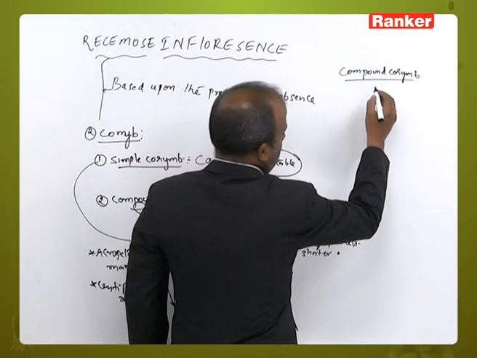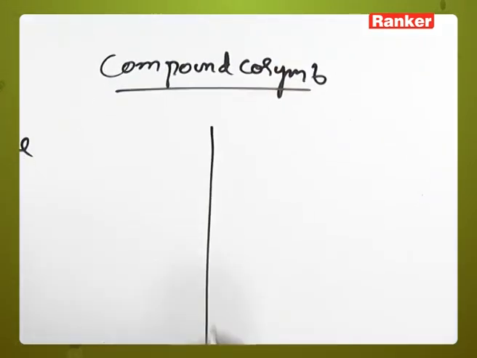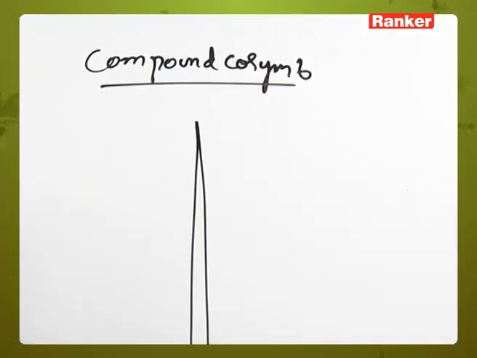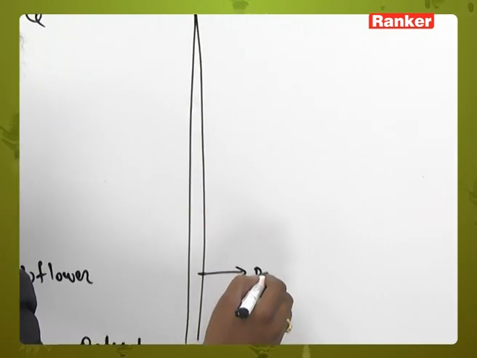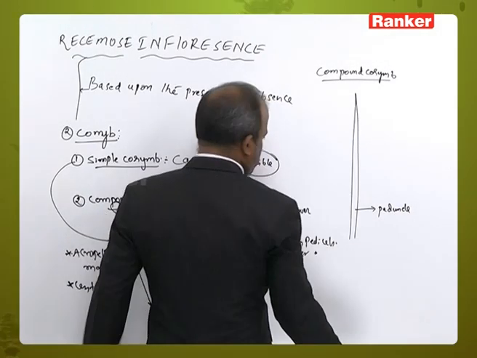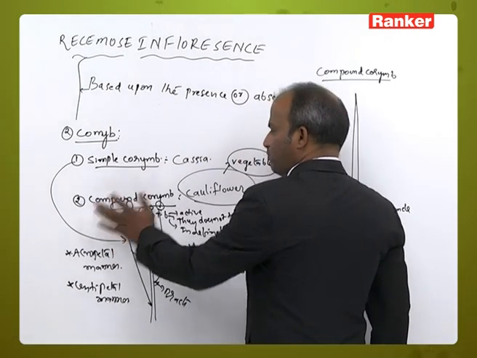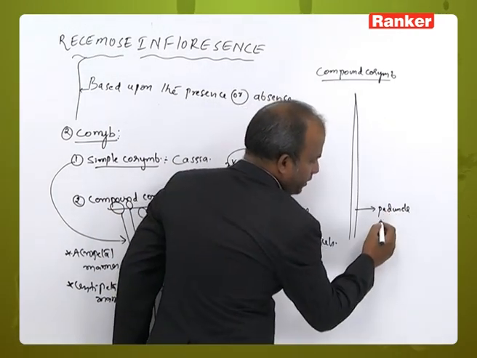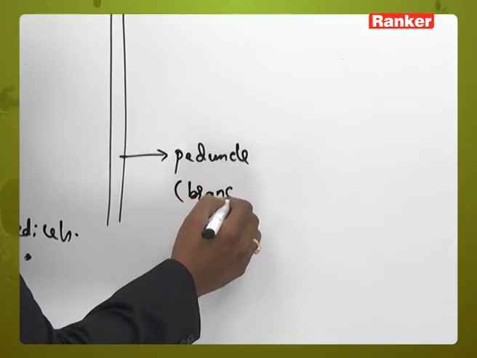In this compound corymb, this is the peduncle. Whether it is branched or unbranched, as it is of the compound type, here the peduncle is branched.